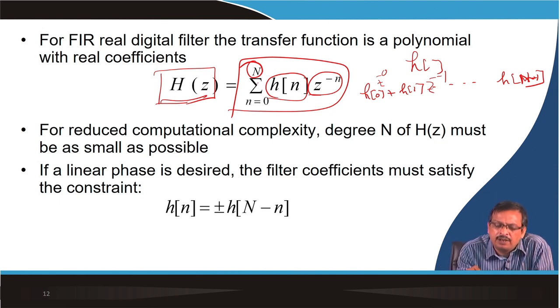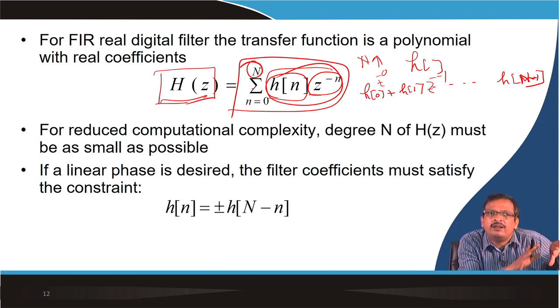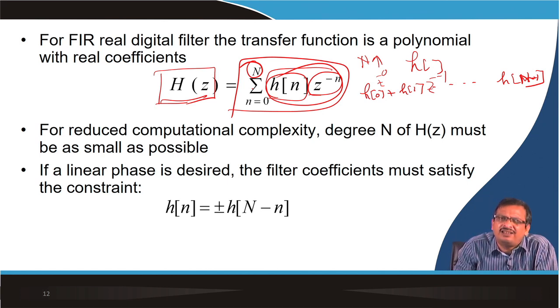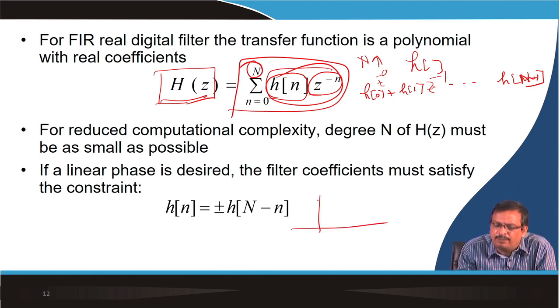Now if I increase n, the number of multiplications also increases. z is a complex number, so the number of complex multiplications increases. So I have to keep n as low as possible. But when I keep it low, it affects the filter characteristics. If I take an infinite impulse response, suppose it is an ideal filter.